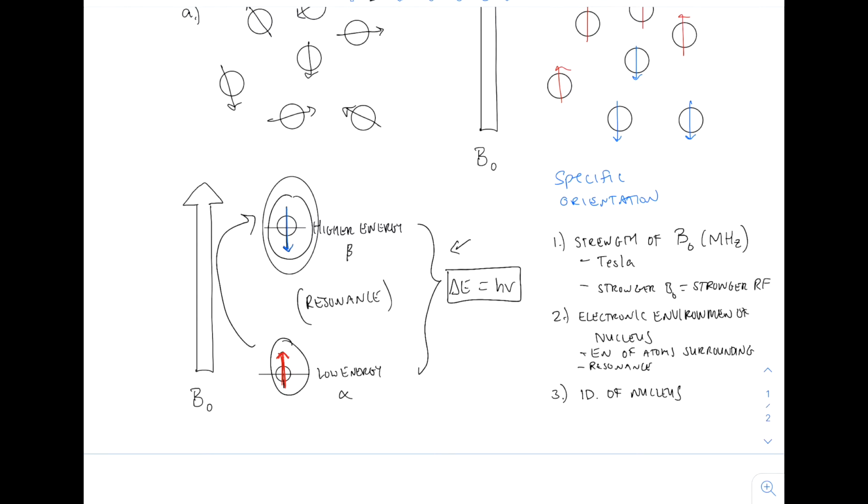Okay, so the identity of the nucleus is the last factor that the frequency depends on. Some nuclei are actually not even NMR active. I'm going to write this one in red because this is important. Some nuclei are not NMR active.